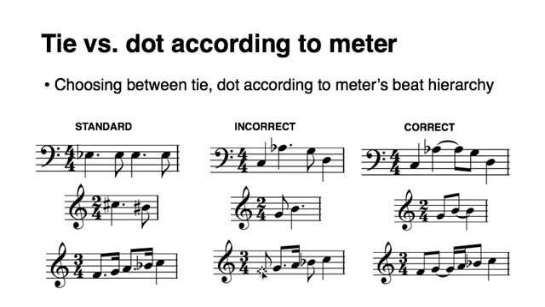You have the downbeat, then you have the second half of that beat, and I want a duration that is 3/4 of a beat. So instead of using a dotted eighth note here, which would obscure beat 2, I actually use tied rhythms here. An eighth note next to a 16th note, just like that.